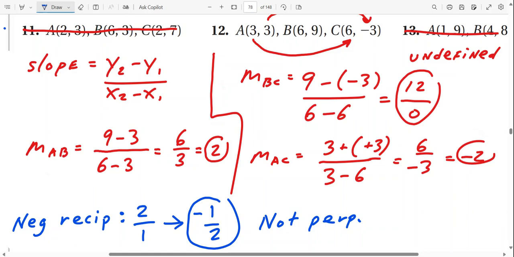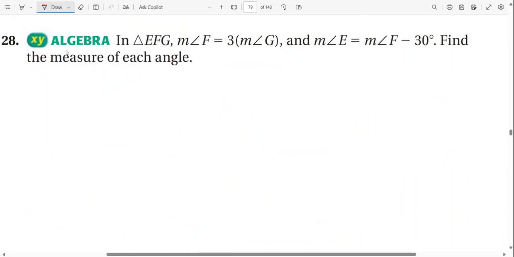So the answers would be... All right, let's look at 28. Triangle EFG. We have the measure of angle F and the measure of angle E. Find the measure of each angle. Okay, if it's triangle EFG, what is going to be the measure of angle E plus the measure of angle F plus the measure of angle G?